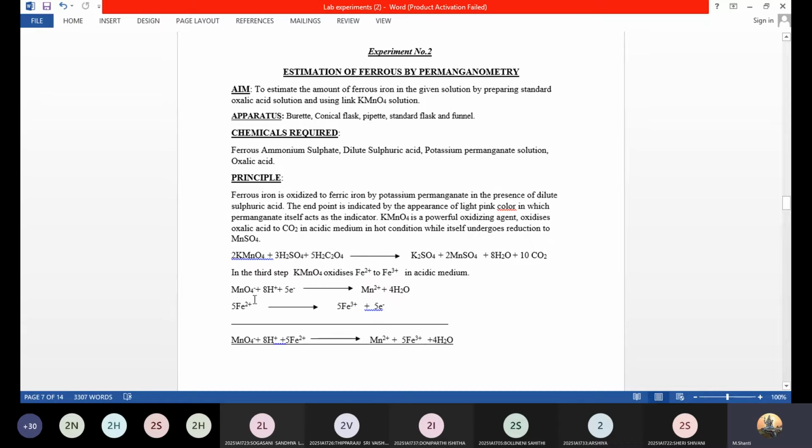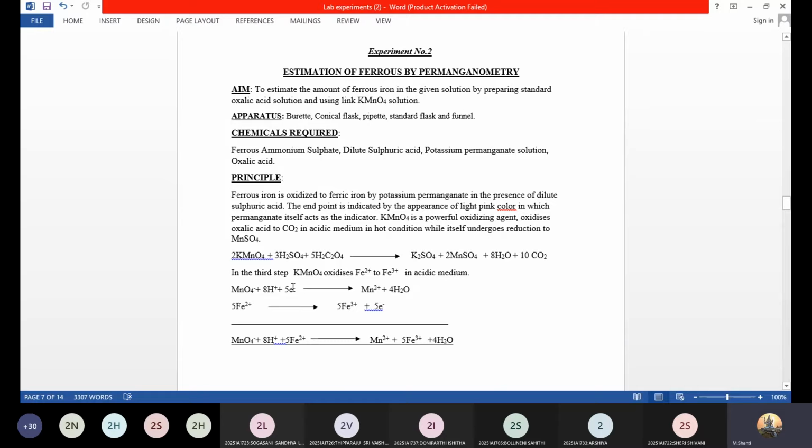Okay. Now, the same thing you can see here also. In this process of reduction, KMnO4 is oxidizing ferrous to ferric. This first equation is the reaction between KMnO4 and oxalic acid. This is what we are talking about in step 1. Then in step 2, you are taking the ferrous salt solution in the conical flask and making the KMnO4 react with the ferrous.